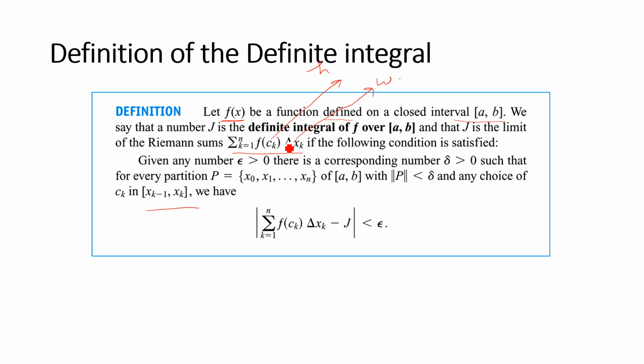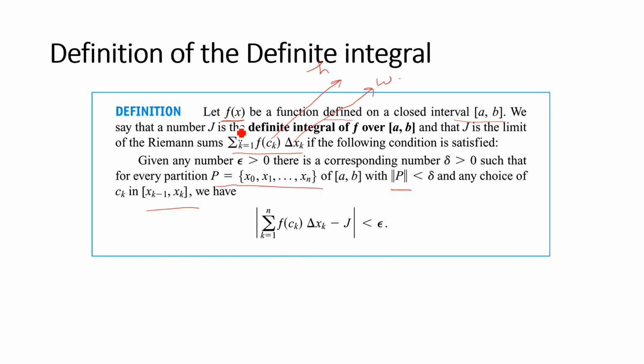We are now going to try to minimize the length of the interval, or actually squeeze it to 0. So how can we do it? We can do it by squeezing our norm towards 0. The norm is the maximum, or the largest, length of the interval in the partition P.